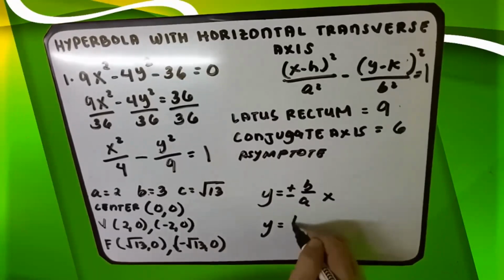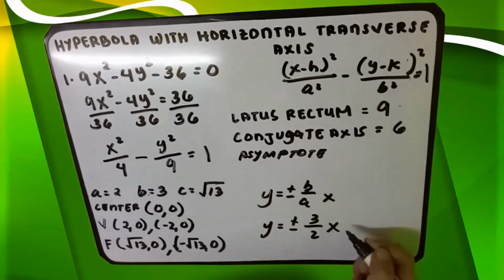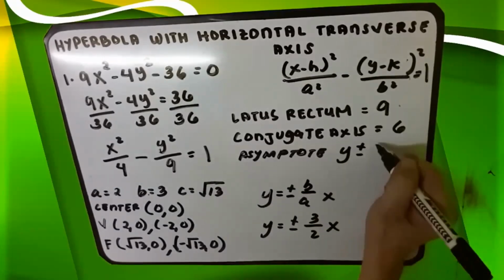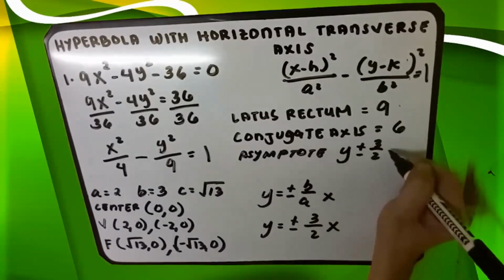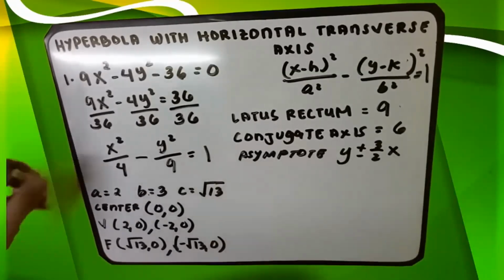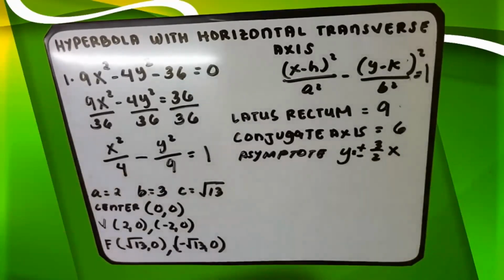So y equals plus minus, ang b natin is 3, ang a natin is 2x. So sabihin that is y equals plus minus 3 halves x. So that is the, walang equal pala, y equals plus minus 3 over 2 x.